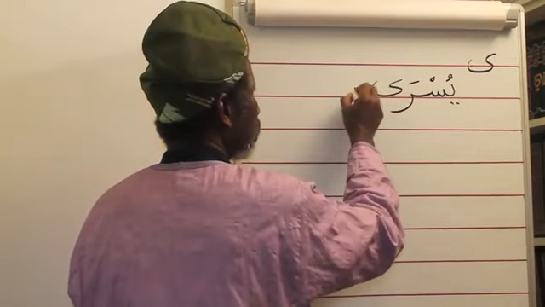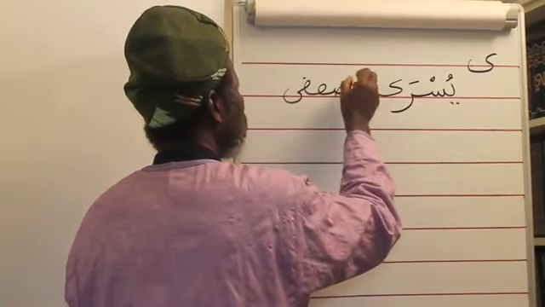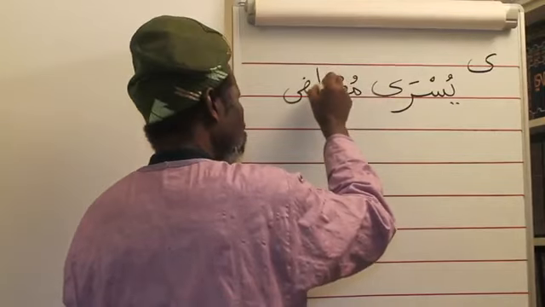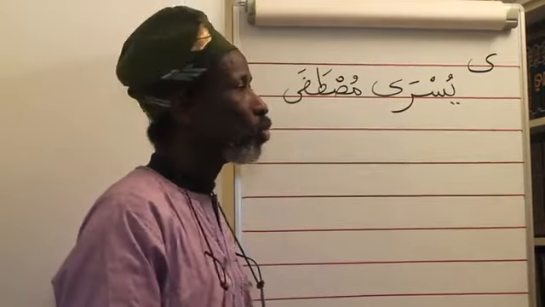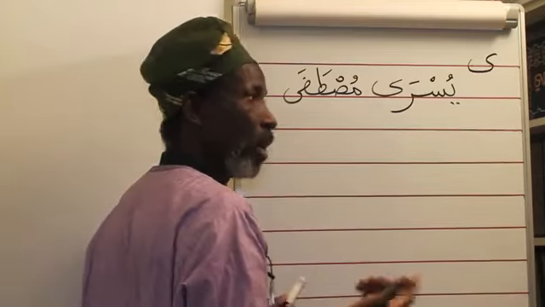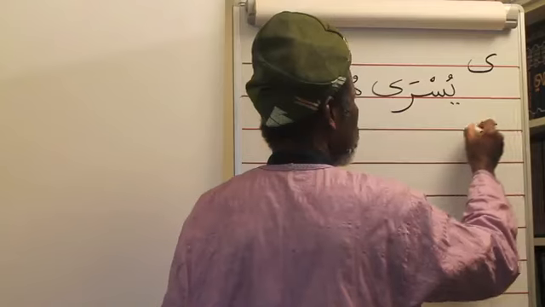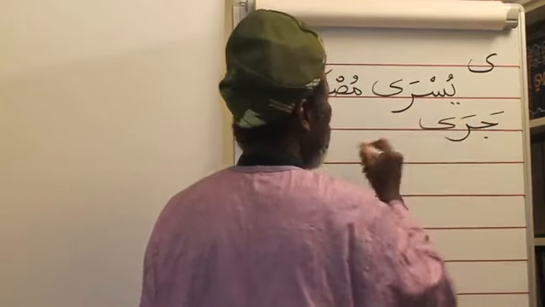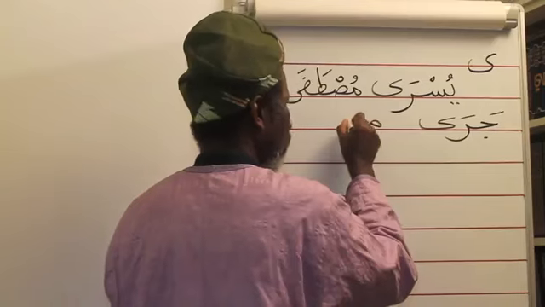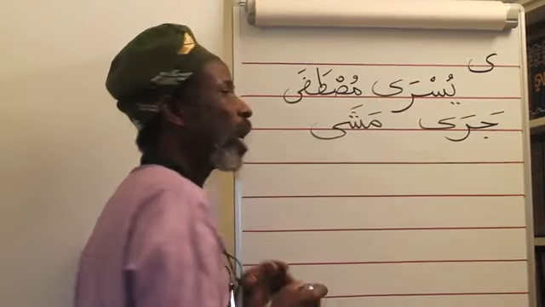Mustafa, again with Alif Maqsura. Verb, for instance, jara, masha.